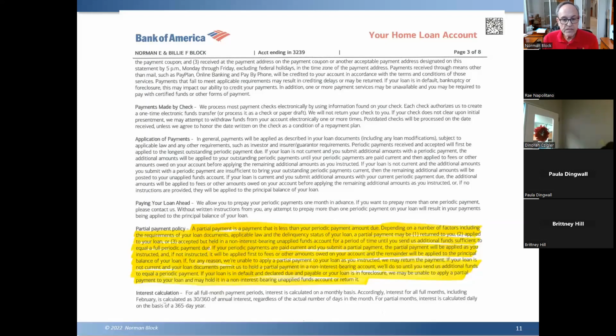Based on all those things, a partial payment may be returned to you. It might be applied to your loan, or it might be accepted and held in a non-interest bearing unapplied funds account for a period of time until you send us additional funds sufficient to equal a full periodic payment due.